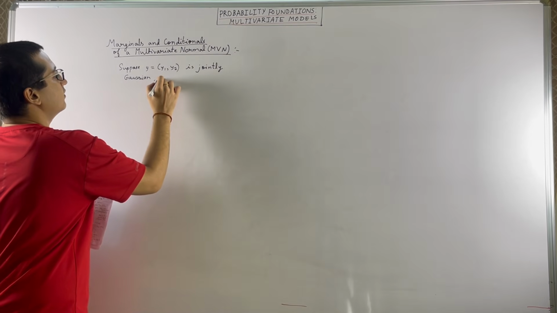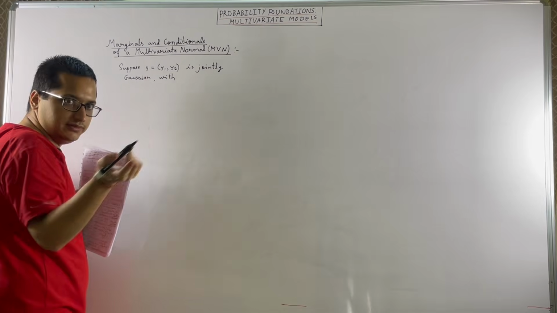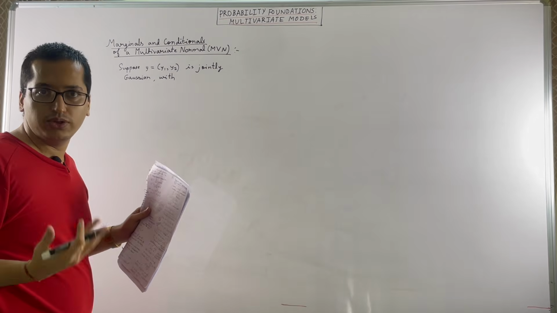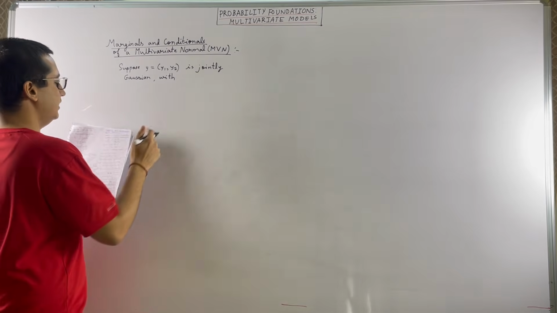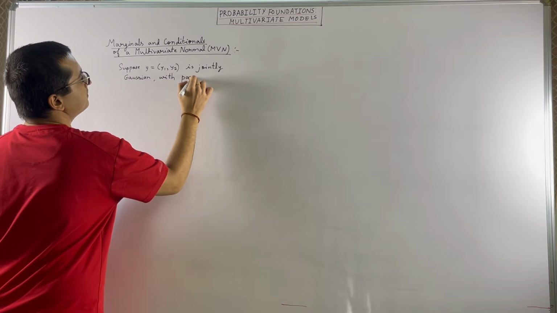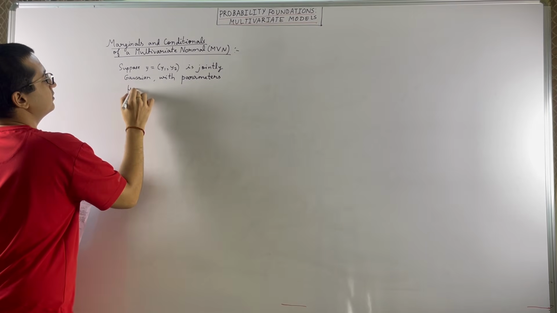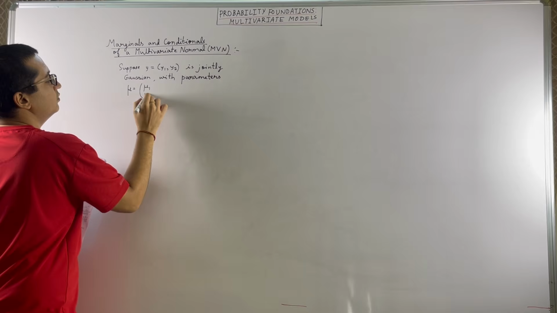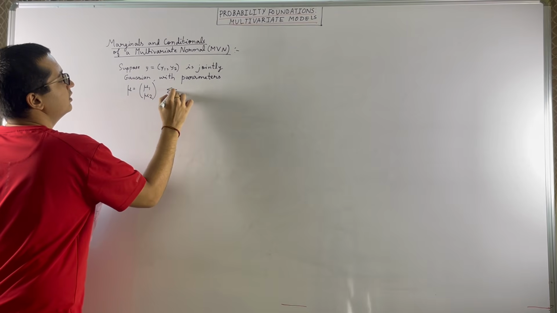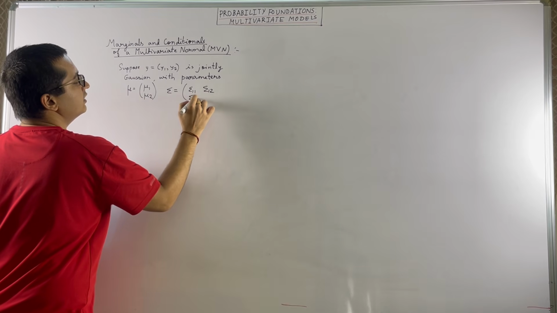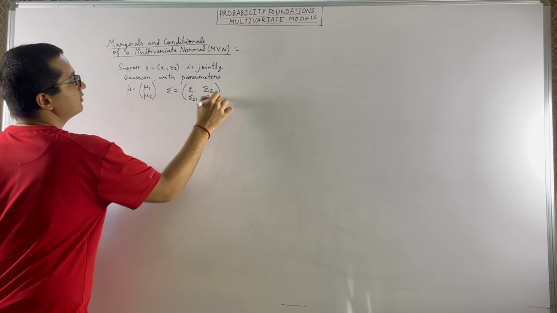Of course, if it's a joint Gaussian in 2D, we'll have two means and a 2 by 2 covariance matrix. Say these are the parameters: mu1, mu2, and capital sigma is denoted by this notation.